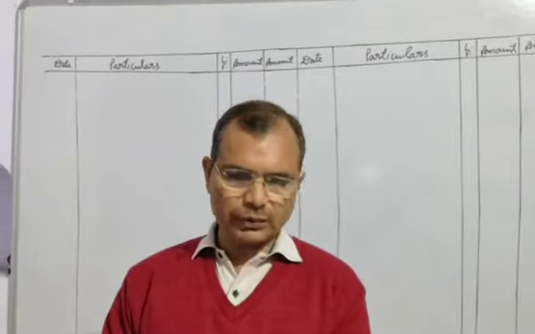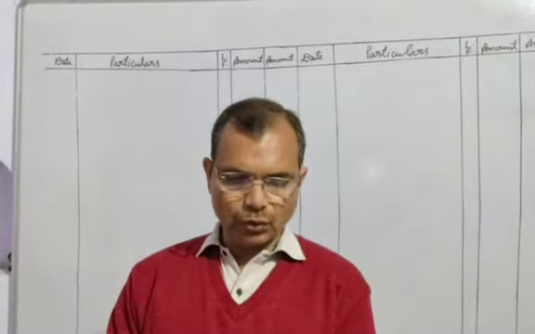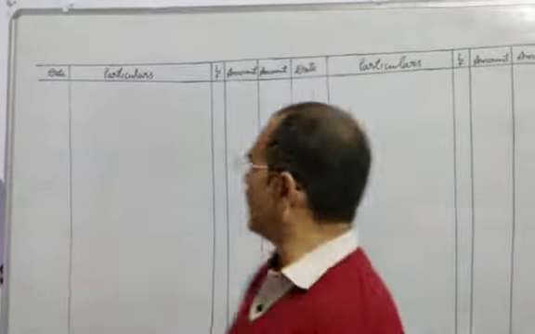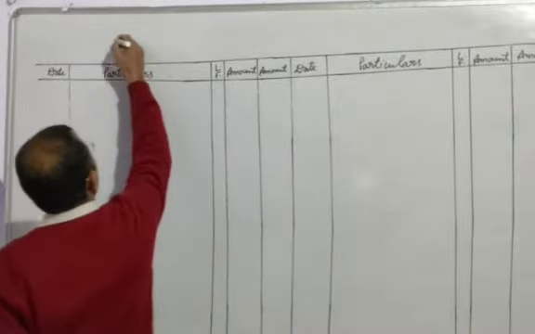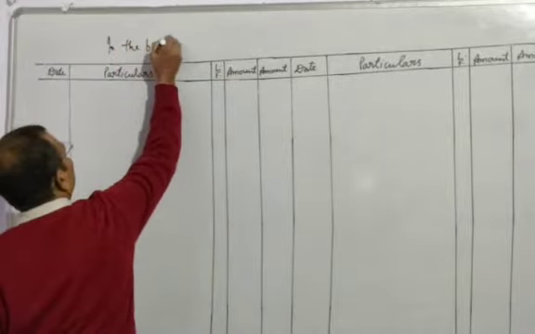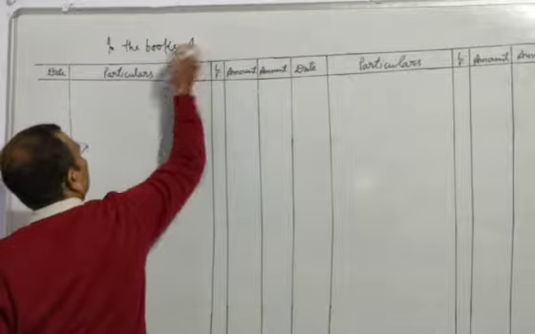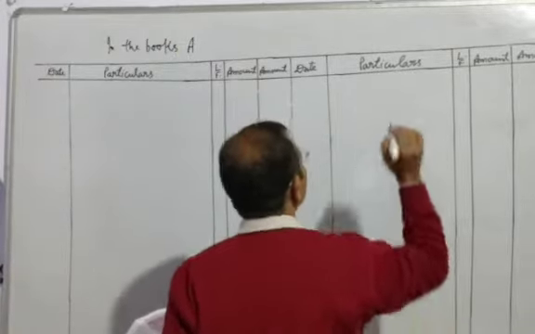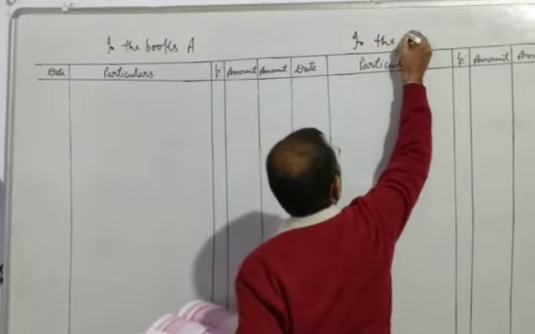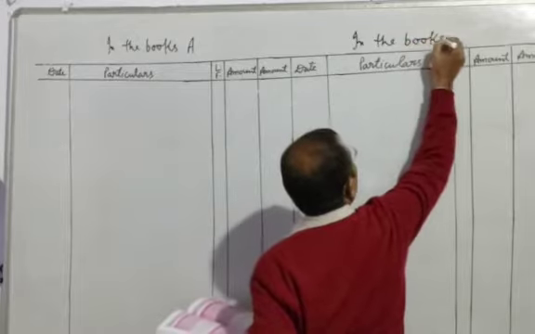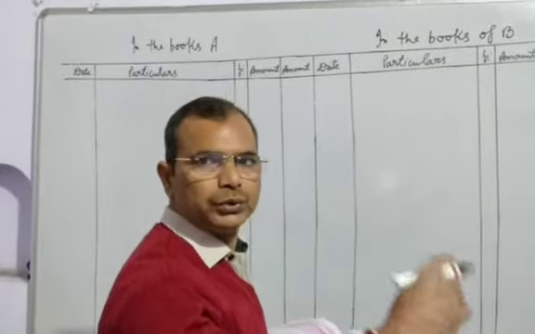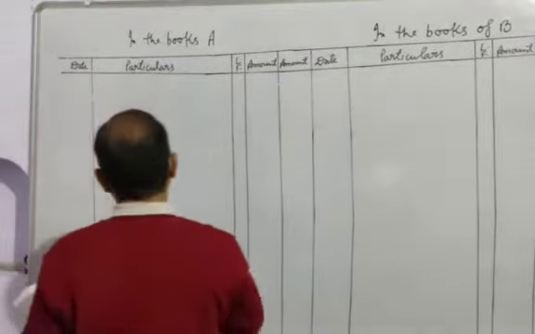On 1st February 2019, A sold goods for 60,000 to B. This means the drawer or seller is A. So we will write here in the books of A, and the drawee is in the books of B. A is selling goods to B. So we will write the entry.